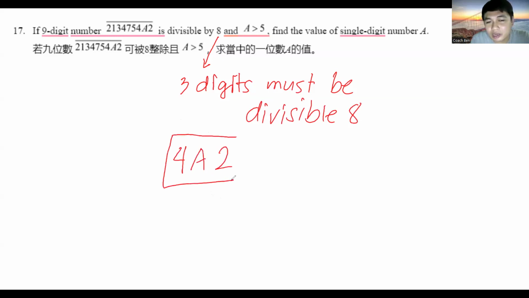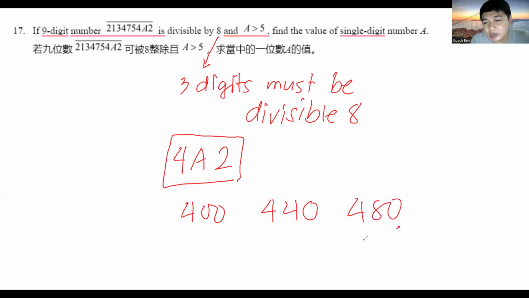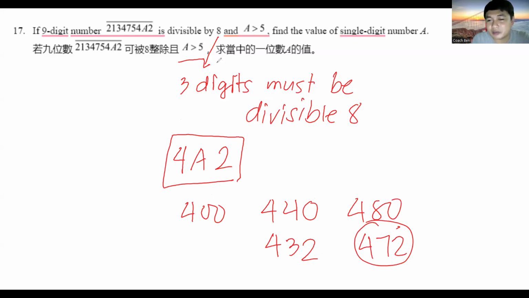Notice you have numbers like 400, 440, and 480. The only possible number is 472. So A must be 7, since it states that A must be greater than 5. It cannot be 432. And 472 is divisible by 8.